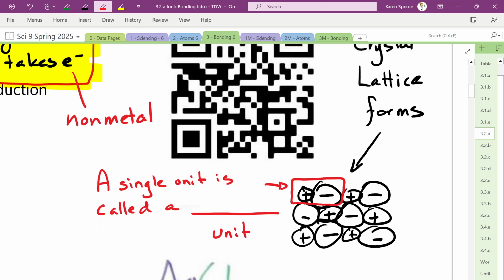The whole thing is a compound, so this whole thing is an ionic compound. But a single unit of it, one positive ion and one negative ion, makes a thing called a something unit. A formula unit, yes.